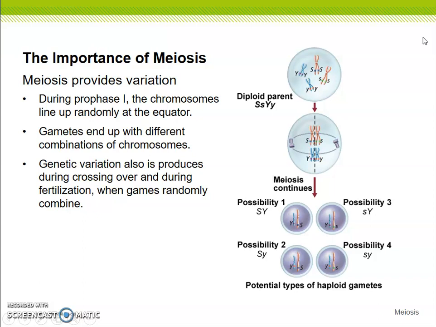Also, gametes end up with different combinations due to that crossing over, that trading of genetic information. Genetic variation is also produced during fertilization, when gametes randomly combine. We get some chromosomes from mom and some chromosomes from dad, and we restore the regular number of chromosomes in that cell.